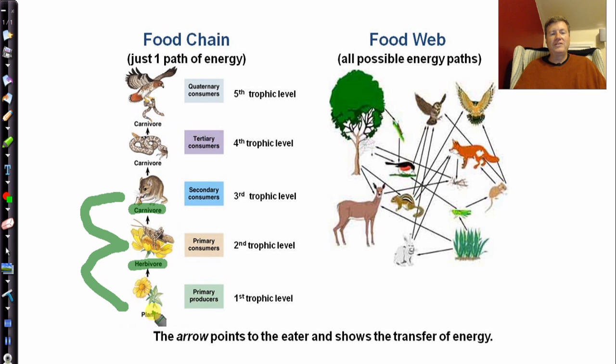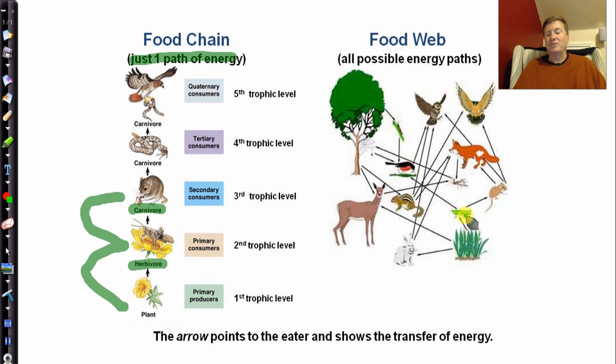So here you see a food chain, which is showing you one path of energy, a simplistic look at transfer. This is much more realistic over here, a food web, because in reality, this squirrel, or chipmunk maybe, is going to eat multiple things, and multiple things are going to eat it.